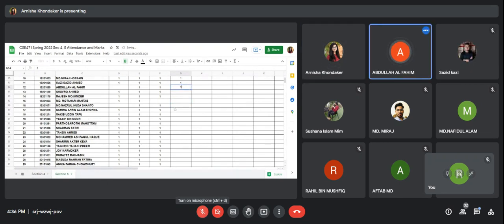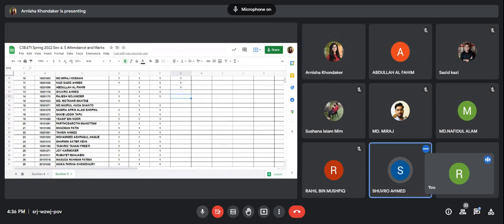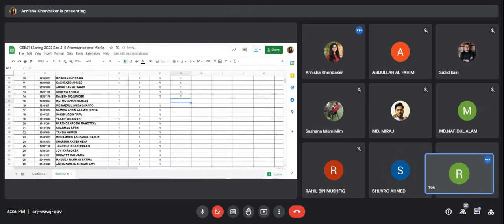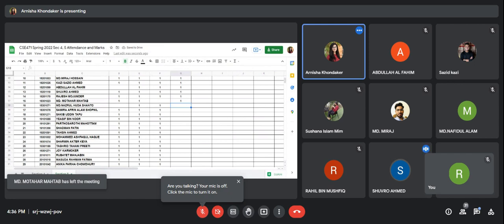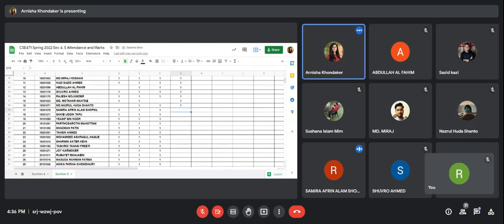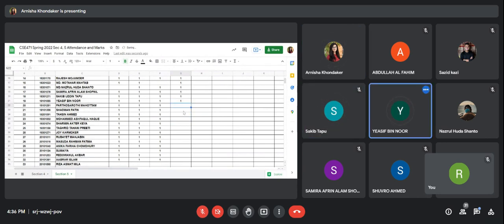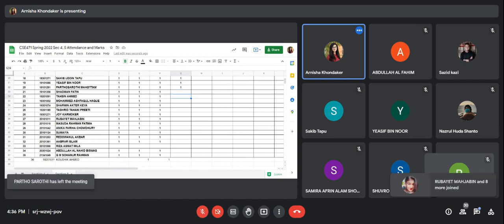Fahim Yes miss. Shubhro Rajesh Present ma'am. Motahar Present miss. Shanto Present miss. Samira Present miss. Akib Yes miss. Yasif Yes ma'am. Artho Yes ma'am. Adnan Tasin Present ma'am.